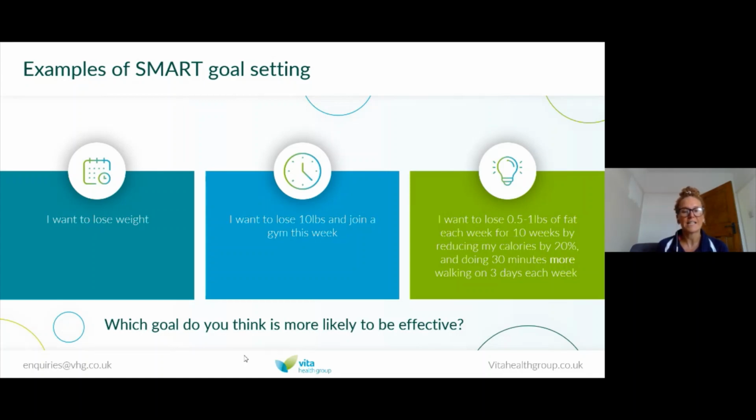And realistically, the gym will not cause weight loss alone. Diet and lifestyle account for 80% of weight loss instead of exercise sessions. And then we've got goal 3. This is more specific and goes into how to achieve the goal. So this is a more effective, SMART goal, okay?